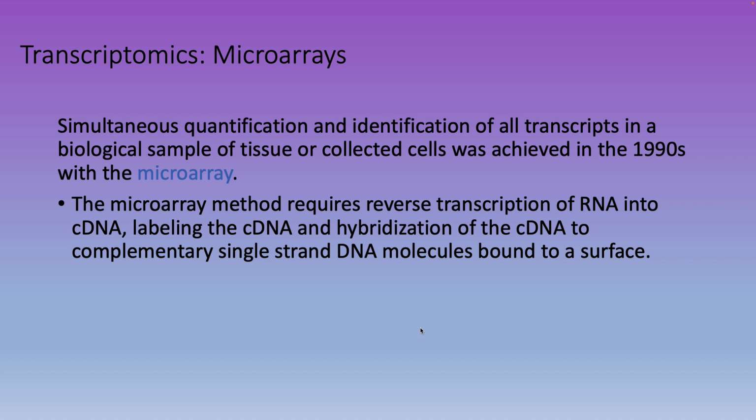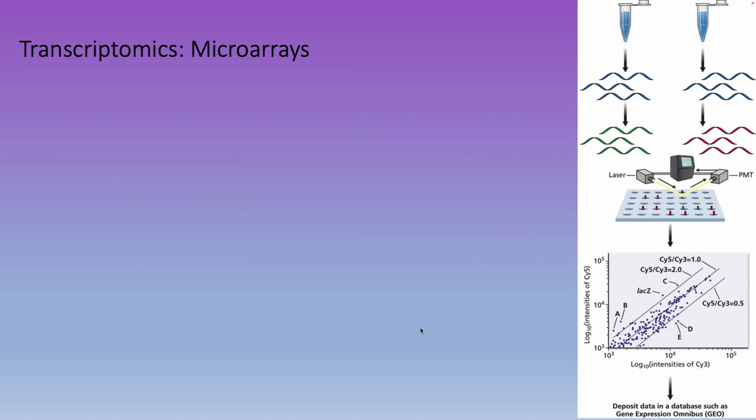Then it washed these labeled cDNAs across a chip, which would hybridize wherever these cDNAs matched, and on the chip were all these probes. And wherever it matched and bound to the surface, it would indicate that the thing that matched the probe, whatever gene it was, was actually in your sample.